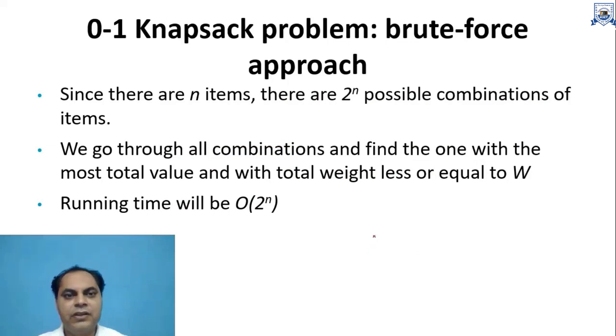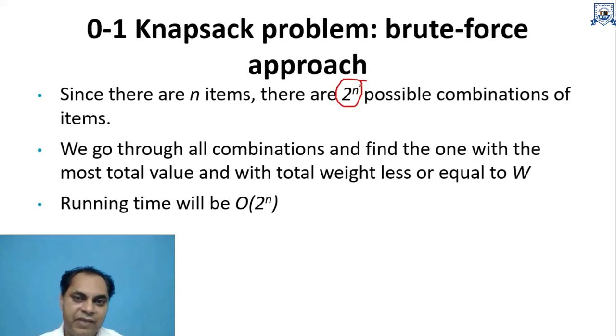Now if we do the brute force analysis, if there are n items, for every item we have two possibilities: either we pick that item or leave it. So the total number of possible subsets would be 2 to the power n, which is exponential.